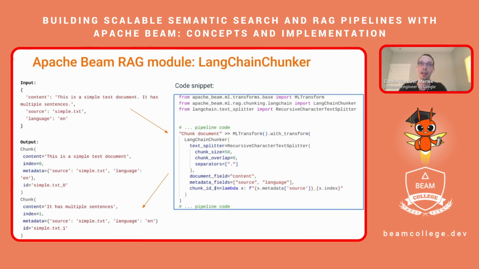And we want to define a new function to create our chunk ID as the metadata source and the index. So if we run this piece of code, our input will be split into 2 chunks, the first sentence and the second sentence. And we have our IDs here, the index, and the metadata will be the same since they come from the same document.